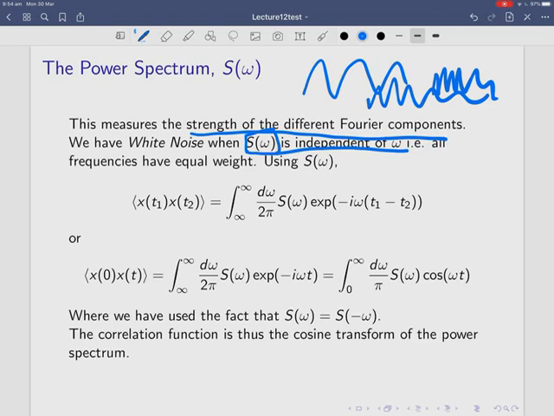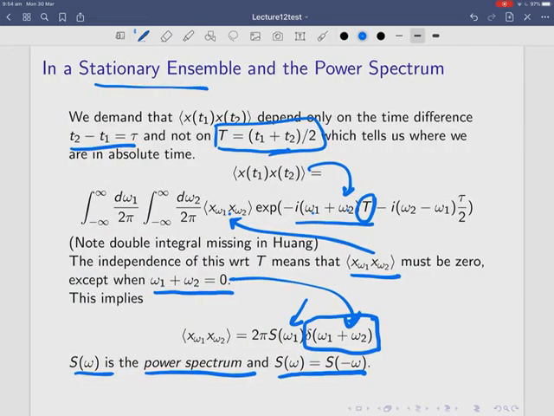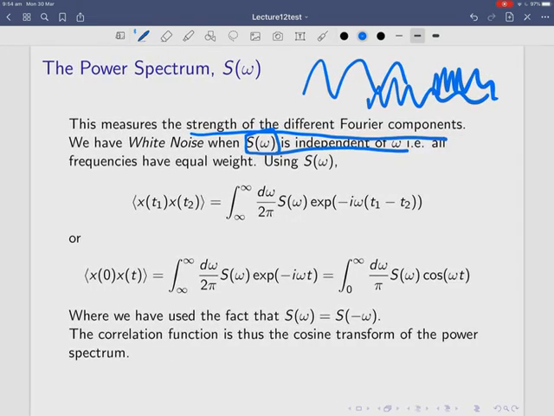Okay. So getting away from white noise again, let's go back to the ordinary power spectrum. If we put the power spectrum back into our equation over here for x1, x2, we take that and we put it up into there. What we find is this equation here. That should be a minus there.